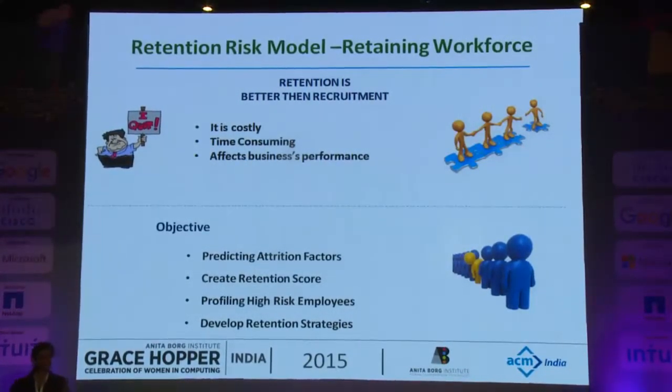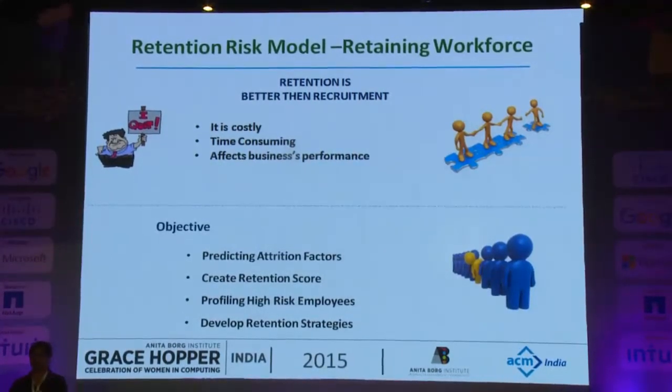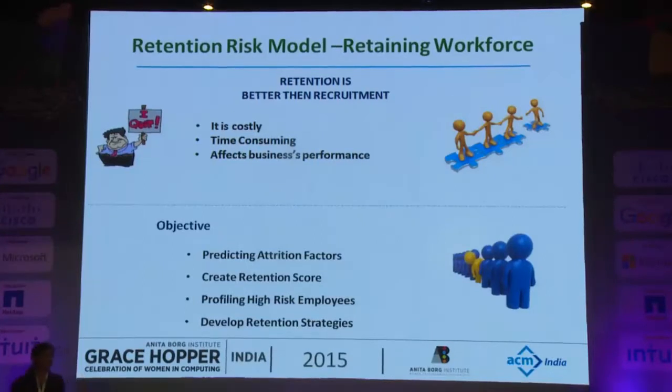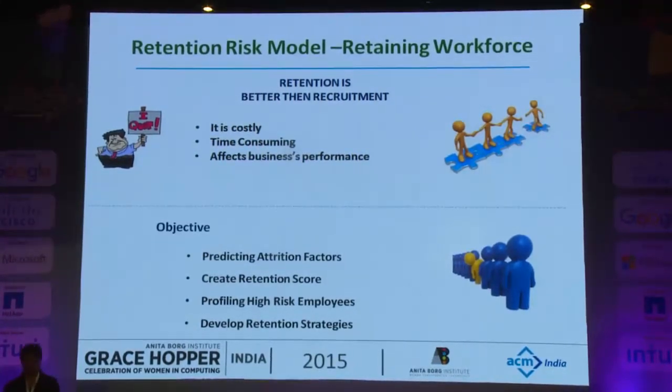When I say score, it's a probability ranging from 0 to 1, and it will predict who is at high risk. And third is profiling the high risk employees, in order to understand them better. Based on all this, finally, the organization can take customized strategies to retain the employees.